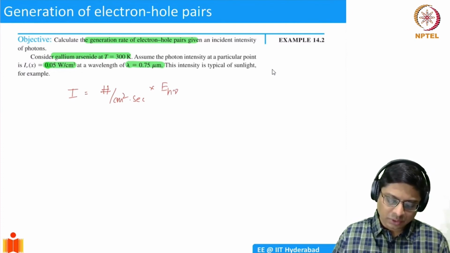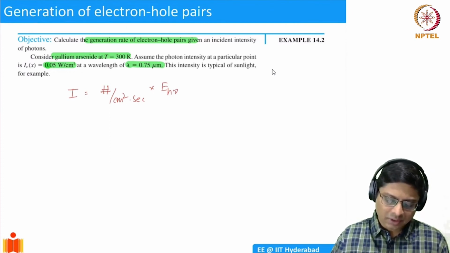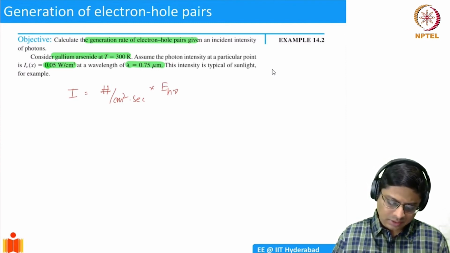This is going to give you energy per second, which is power per centimeter square, power and intensity, correct?